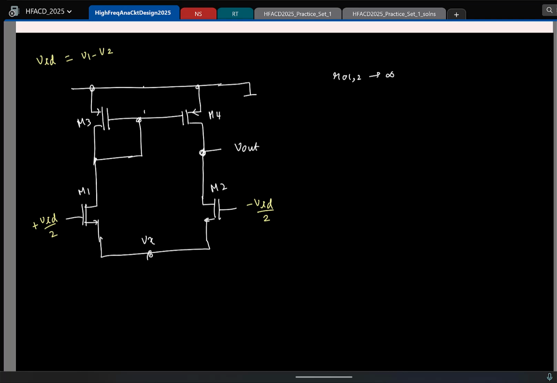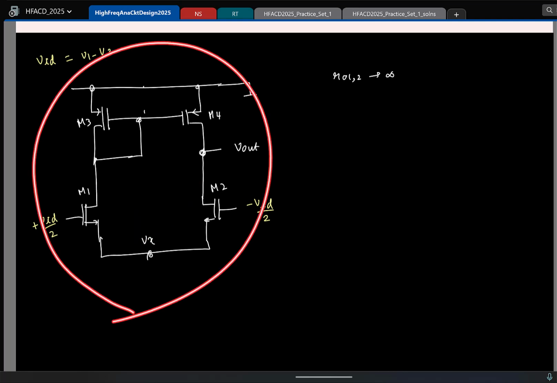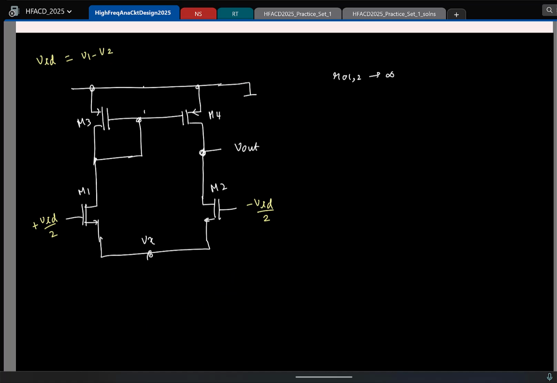So now let us say I ignore R0 for the NMOS transistors. Think of it like this. If I have R0 for NMOS transistors, then whatever happens in these two nodes can affect here. And in this entire circuit, what is causing the asymmetry?